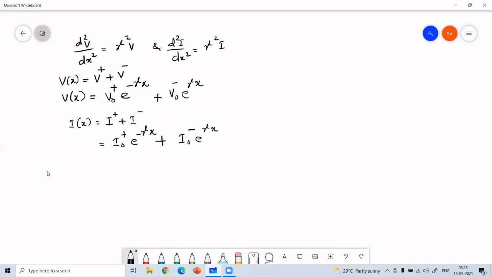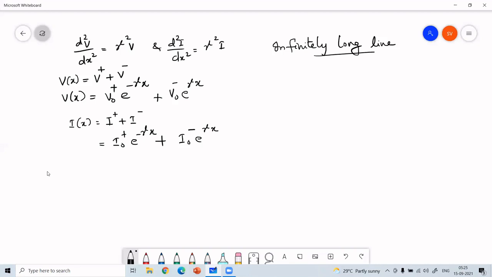Now suppose that our transmission line is of infinite length, that is an infinitely long transmission line.